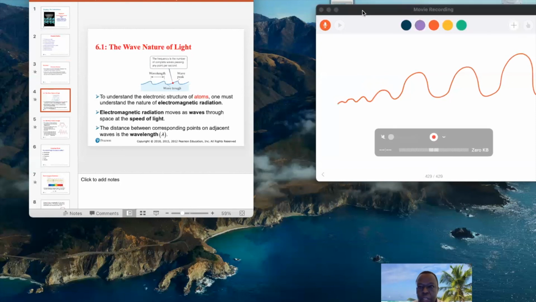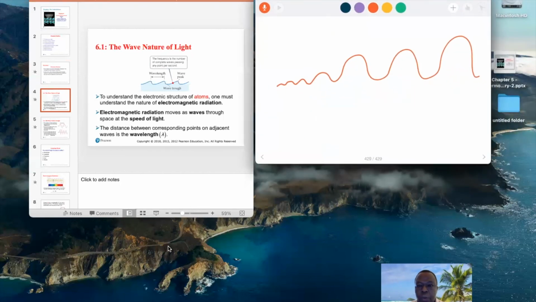And a wave has properties. We have what we call the wavelength. Light has a wave property. That means it has what we call the wavelength here.